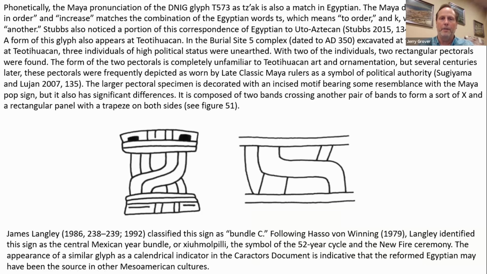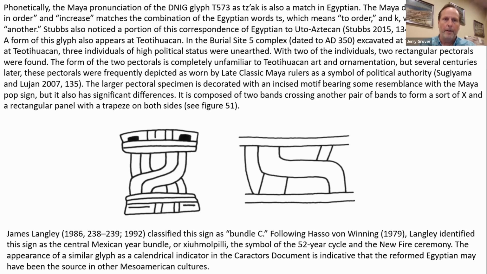Phonetically, there's also a match to the Egyptian, not only in the meaning, which we just discussed. There's the Egyptian word TS, which means to order, and K, the little curly six word, which in the Maya means another. So you're seeing two things: the glyph form seems to have been borrowed into the Maya to some extent, and also some portion of the phonetics.